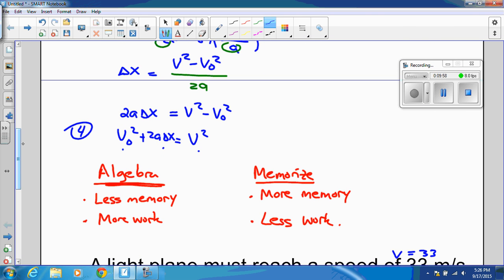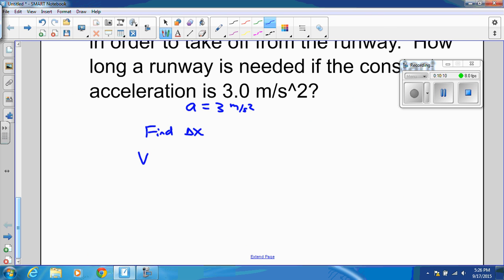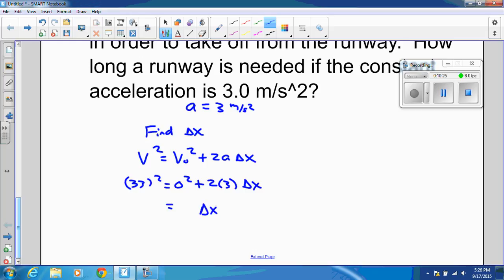If you go back and look at the equations that we just generated, equation number 4 is perfect for this situation because I have v, I have v0, I have a, and I'm looking for delta x. So instead of two equations and two variables, boom, I can say v squared equals v0 squared plus 2a delta x, and therefore 33 squared equals 0 squared plus 2 times 3 times delta x.